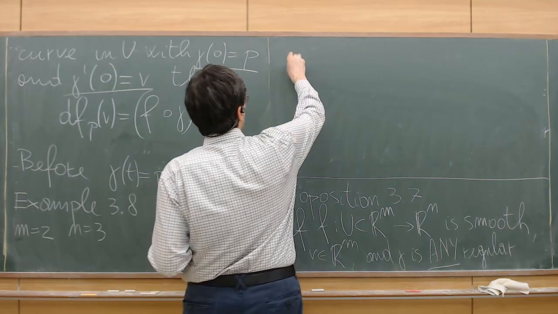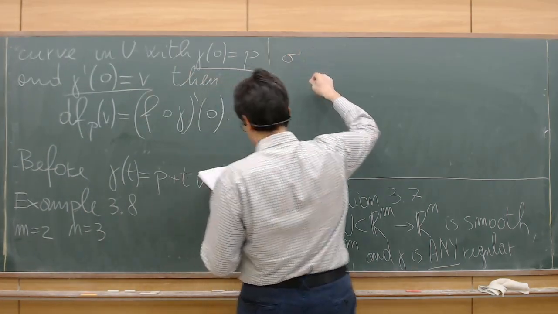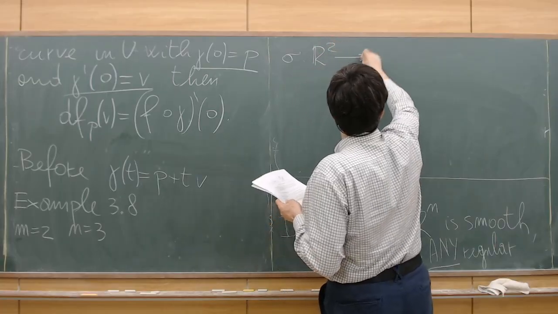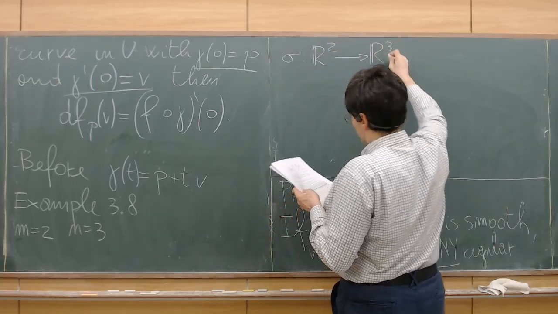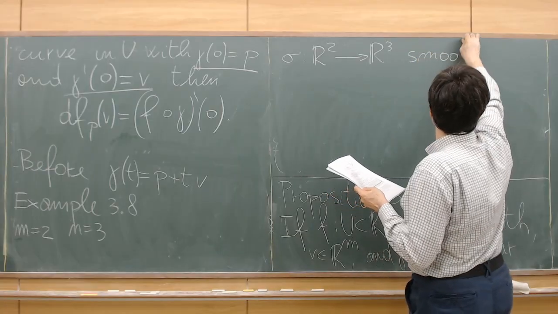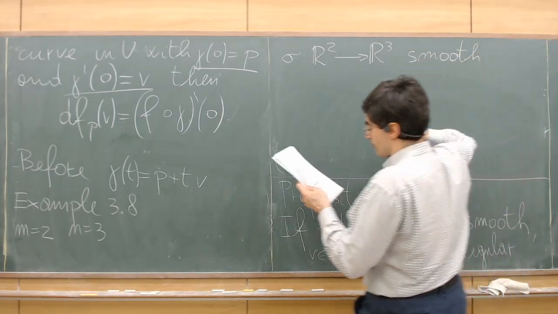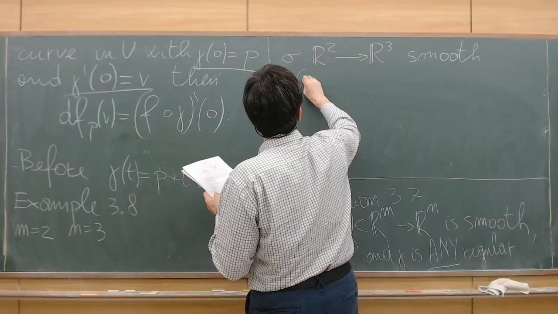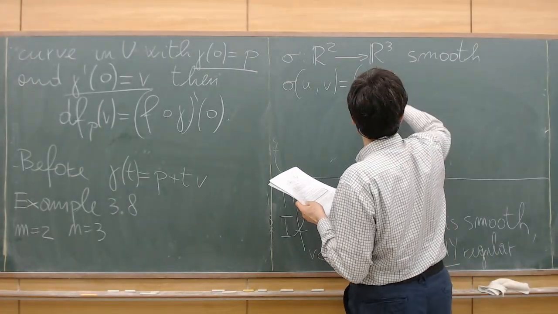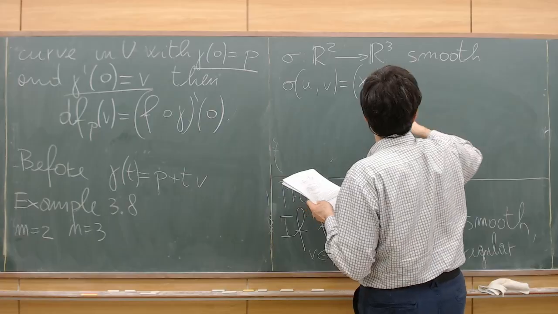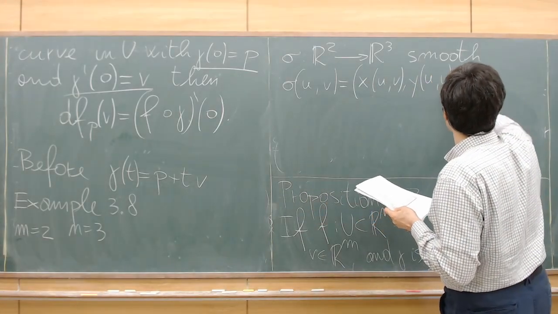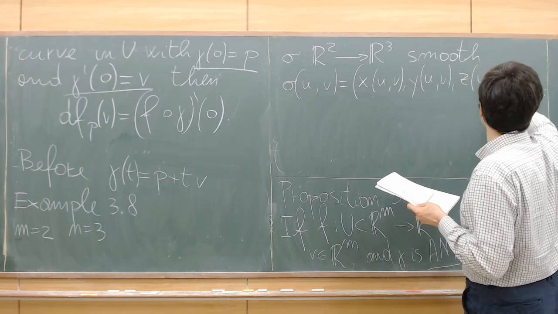Let's take a map sigma defined on R^2 with values in R^3. Suppose it to be smooth, and assume that the component functions are x, y, z.